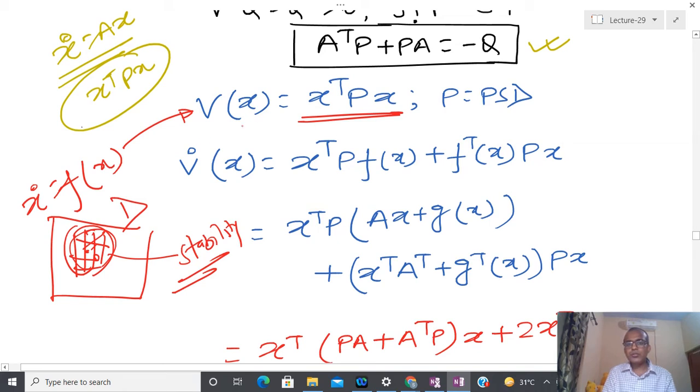Now the x dot I am going to use is Ax plus g(x), and you can see there is no approximation involved in this process, because I am writing x dot equal to Ax plus g(x) exactly.